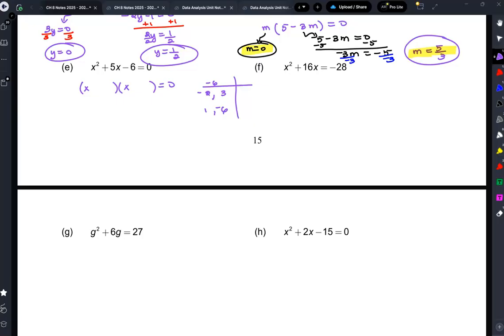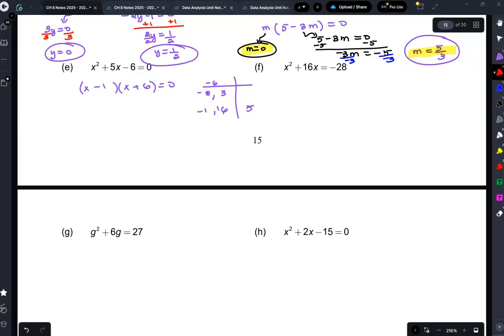Okay? So remember, 1 and 6 will be 6, right? But I need to make one of them negative. How do I know which one to make negative and which one to make positive? Whatever this sign is, the bigger one has to have that sign. So this is going to be positive 6, negative 1. Okay, so that adds to 5. So it's minus 1 plus 6.